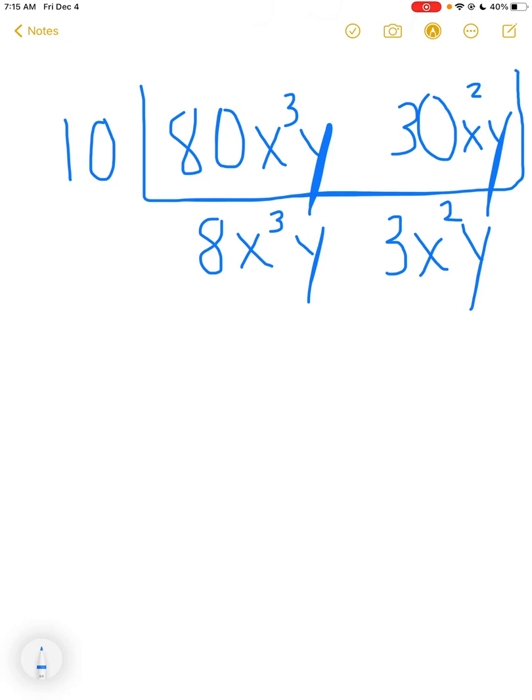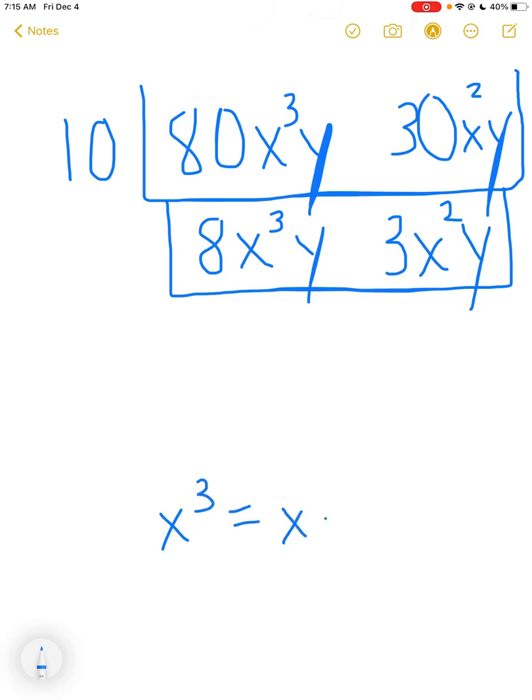No. So now we move over to your variables, your letters. Start by just focusing on one letter. Let's focus on x. We have x to the third and x to the second. Just a reminder that x to the third means x times x times x, and x to the second means x times x.